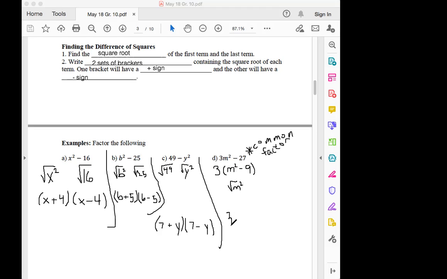We're going to put our 3 in front of one of the brackets, and put our m where we would normally do it. The square root of 9 is 3, and 3 at the end of this one. And we put a plus sign and a minus. And there you are.